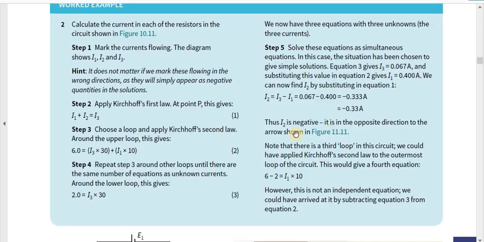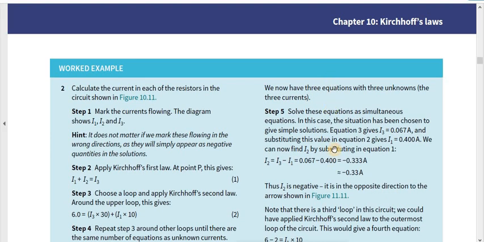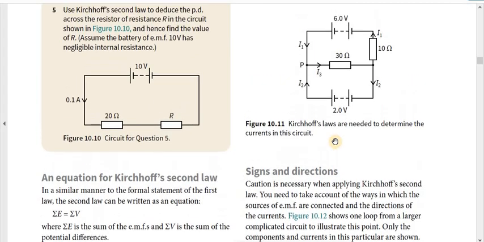Then choose a loop and apply Kirchhoff's second law around the upper loop, this gives. Okay, so the easier one is to use the big loop, but we will consider each loop so that you have a good understanding of the whole question. So if you apply the upper loop, then you can see the total EMF in the upper loop is 6 volts.